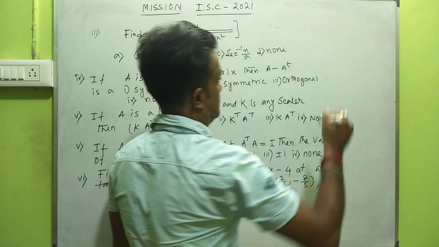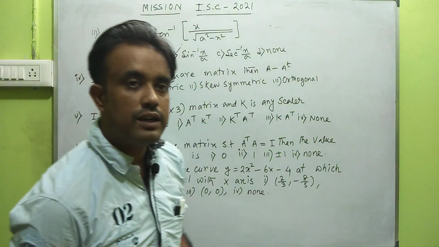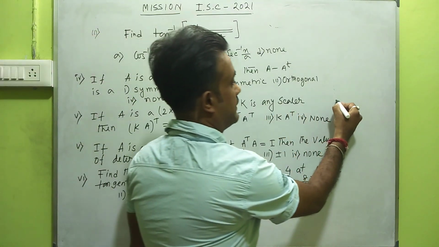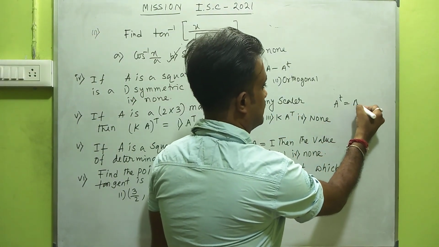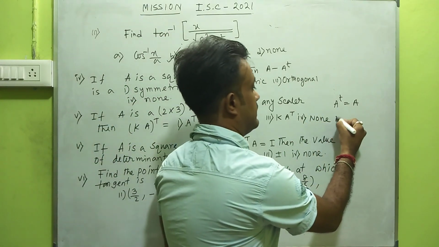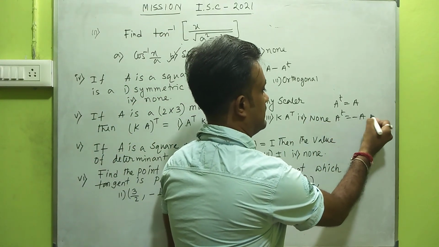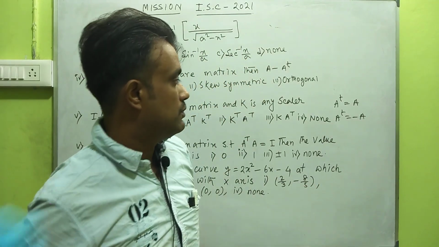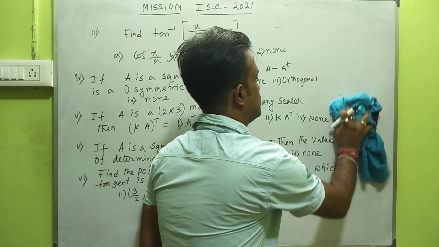What is the characteristic of a symmetric and skew symmetric matrix? If A transpose is equal to A, then A is called symmetric, and if A transpose is equal to minus A, then A is called skew symmetric. Okay, so we use this.